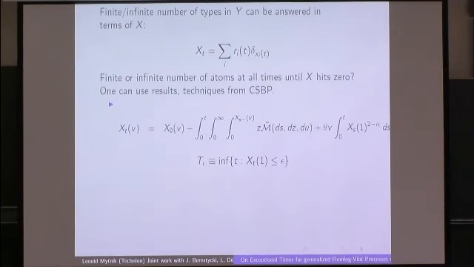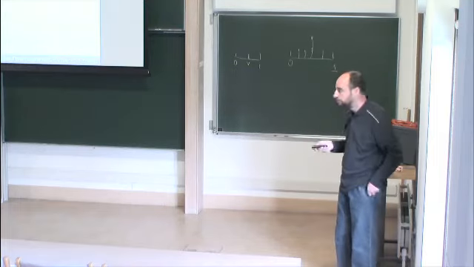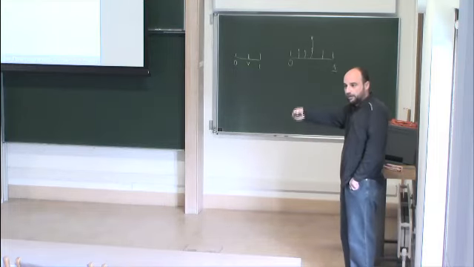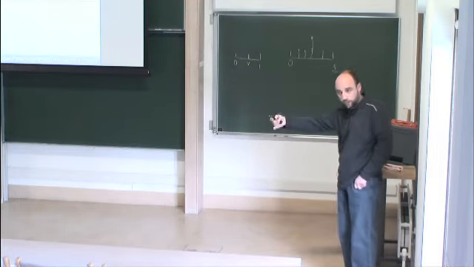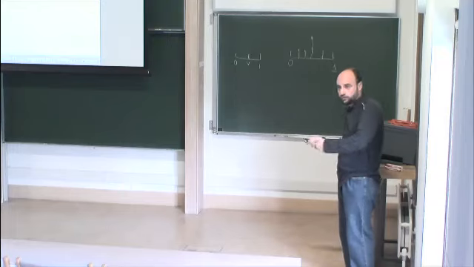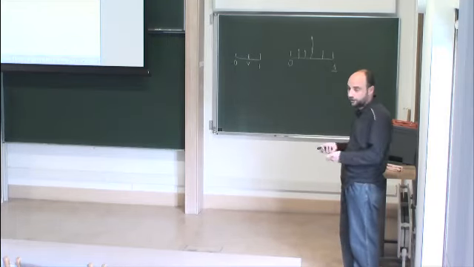What do I want to talk about? Okay. Now, as I said, since we have this connection between Fleming-Viot and this branching process with immigration, non-trivial but still an connection, all the questions about the atoms, how many atoms of Y you have, can be answered in terms of how many atoms of X you have.